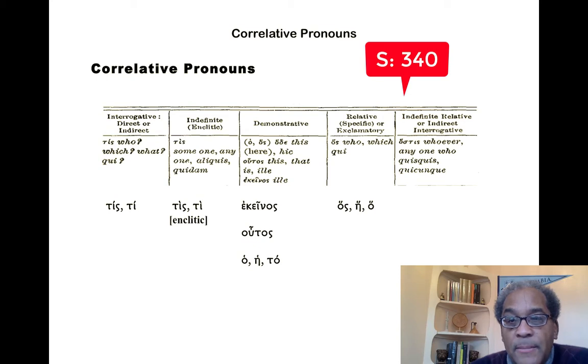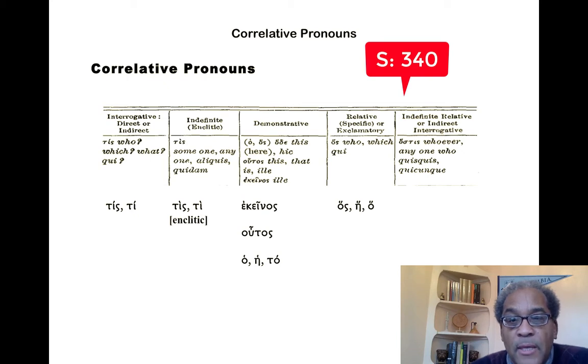And then last but not least, a combination of the relative with the interrogative, hostis, whoever, anyone, equivalent to Latin quis, qui, quinque.